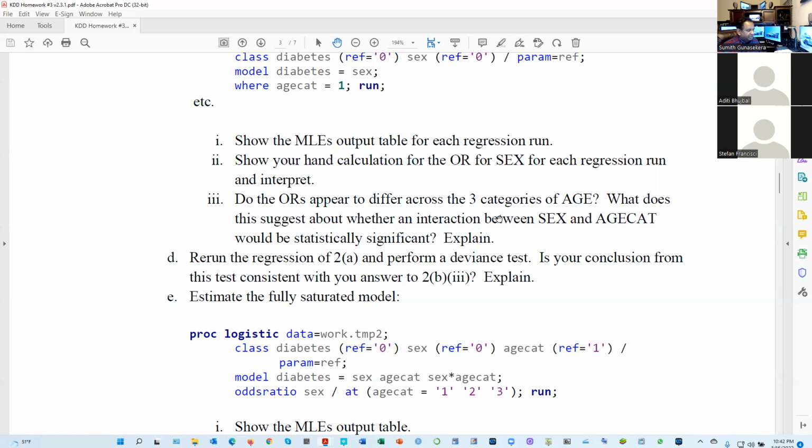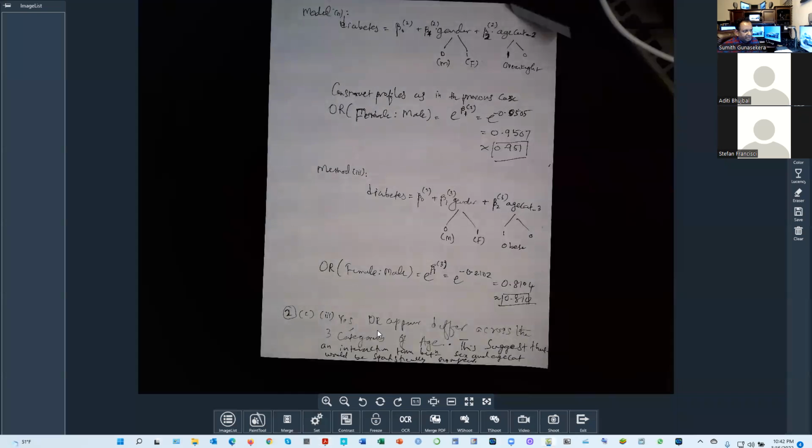Can I show you over here? You saw that one. Yes, the ORs appear to differ across the 3 categories of age. This suggests that an interaction term between sex and age cat would be statistically significant. The ORs are different across these 3 categories.